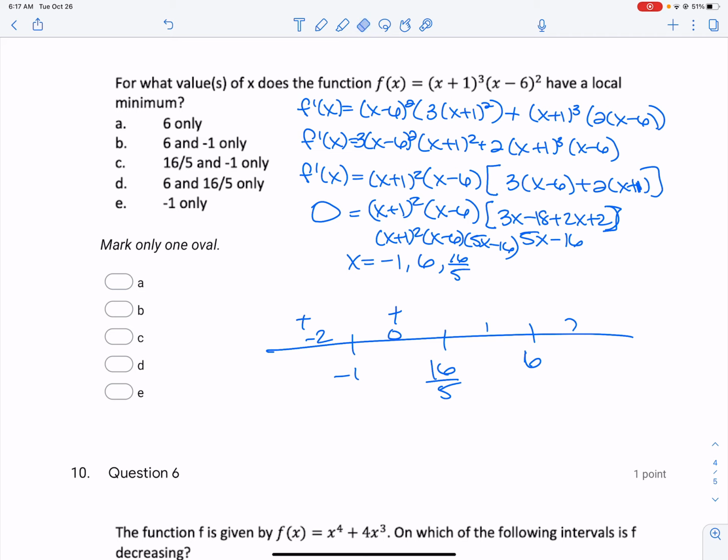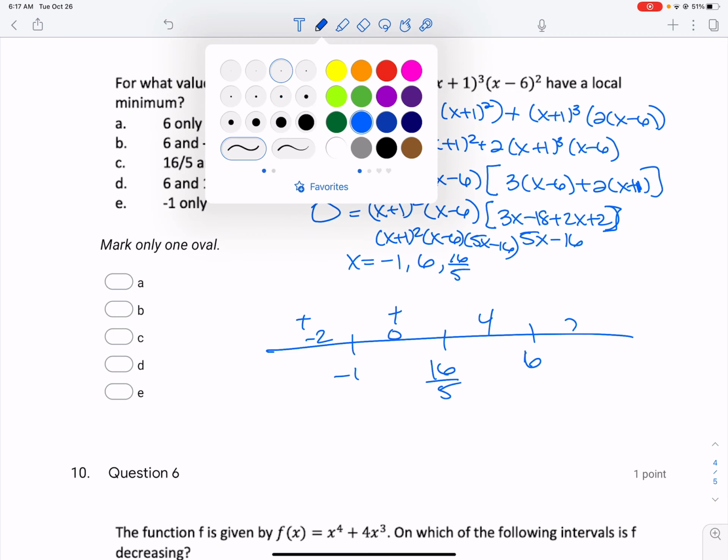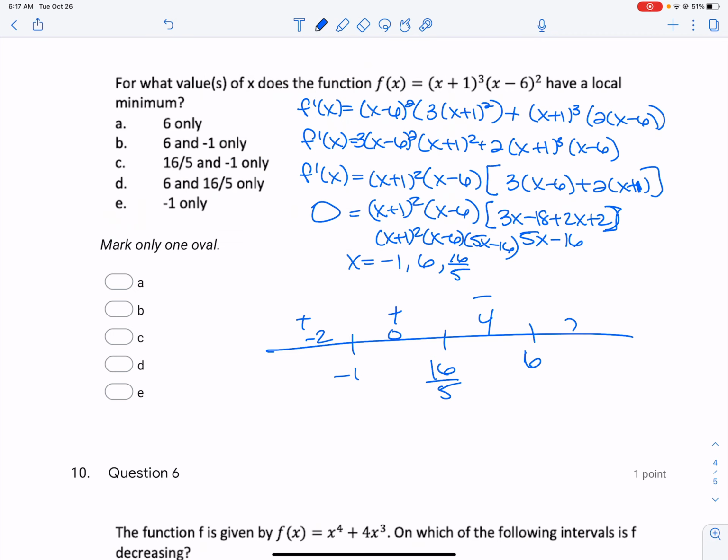Just kidding. I was like, that doesn't work. 16 over 5, so this is like 3 and 1/5. So that means that I have to pick 4. Okay. So when I plug in 4, I get a negative here. And then when I plug in 7, I get a positive. So my only local minimum is at 6 only.